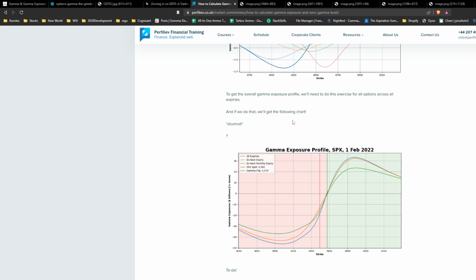He has a very interesting Twitter as well if you guys want to go follow him. But I've posted the site that he talked about how to calculate the gamma exposure, what it looks like, etc.